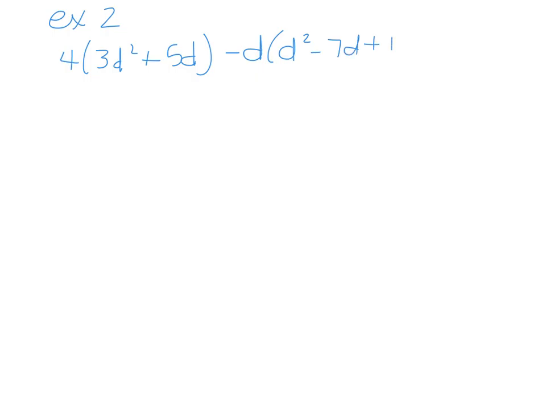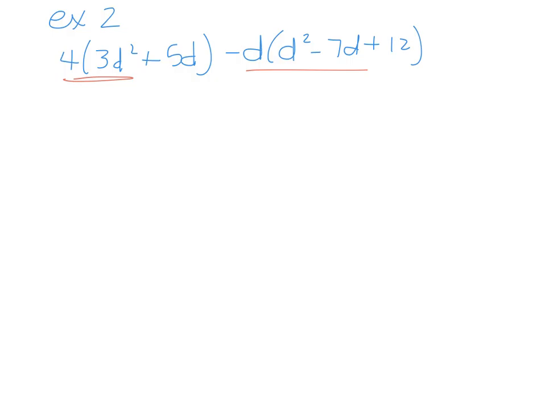Okay, I'm up to example 2 on page 444. It says 4 times 3d squared plus 5d, and then minus d times d squared minus 7d plus 12. So I have two sets of parentheses, so two different times that I'm going to be distributing.